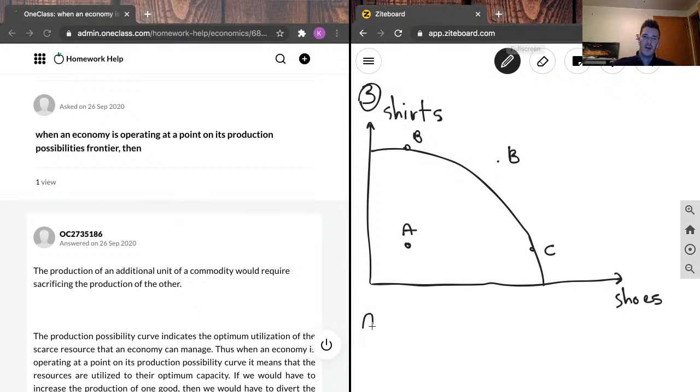So anywhere inside the arc, point A in particular, but any point inside the arc, is going to be attainable but inefficient.